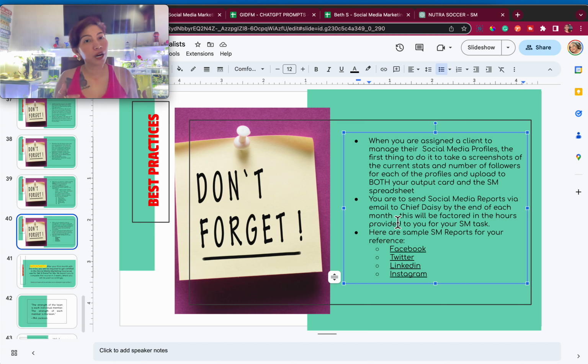And it's also your pride, when you see that you have grown the client's followers from 100 to 500 to 1,000. That's your pride and joy. You're actually performing the role you're hired to do, and you're really a specialist. And you have something to show for. It's documented. It's all you. It's your work. So these reports are really important. It's important that we document everything.